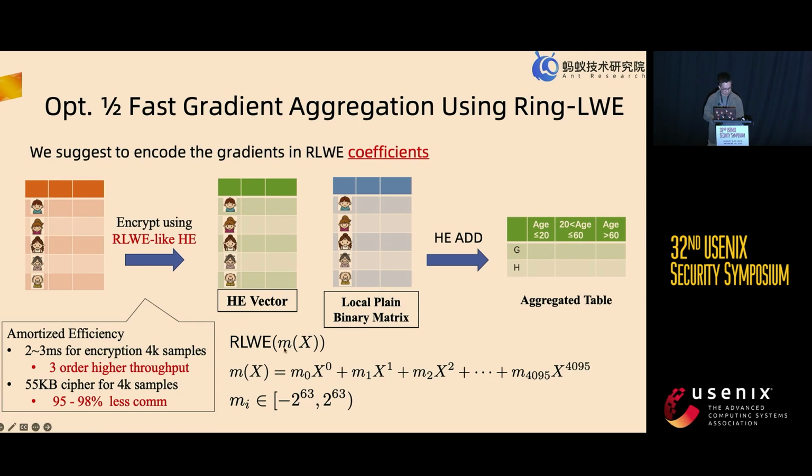So each gradient in the vector will be placed on one coefficient of the RLWE polynomial. And it can be much faster than the previous one because we encrypt 4,000 values just one time, and the communication is also much less than using simple Paillier encryption.